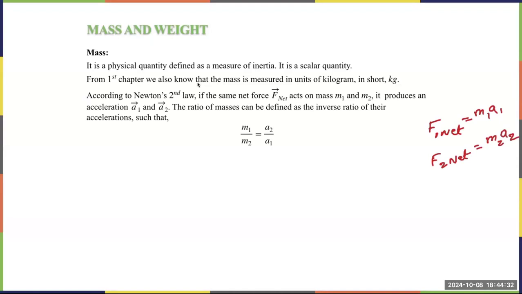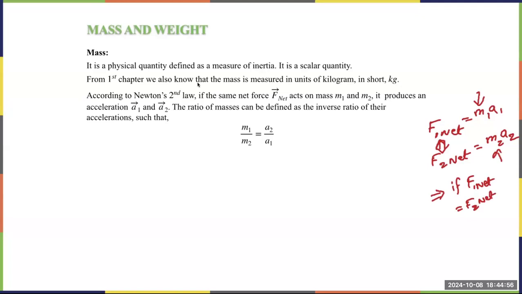So now, if we apply the same amount of force to two different masses, M1 and M2, what happens if F1 net equals F2 net, right?